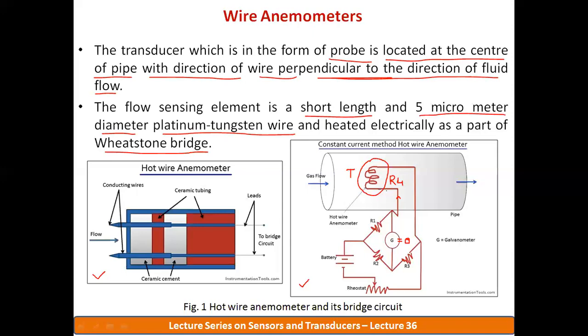At one point the galvanometer reads zero, which we call the balanced condition of the Wheatstone bridge. Now the bridge is in the balanced condition.